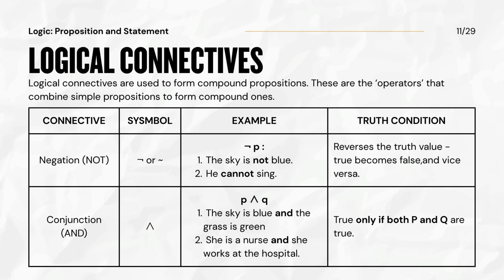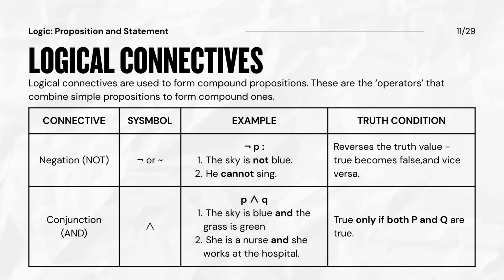In the picture, number 1, connectives, negation, the symbol is not. Example, the sky is not blue. Truth condition, it reverses the truth value, true becomes false and vice versa.